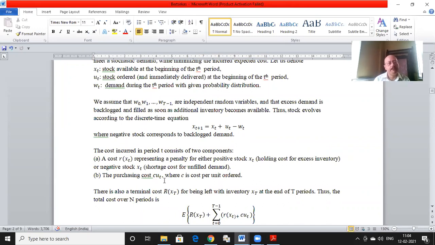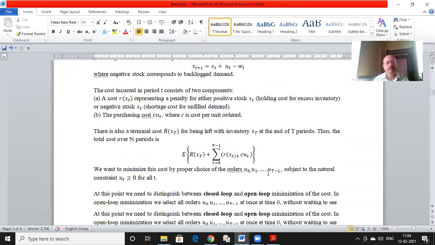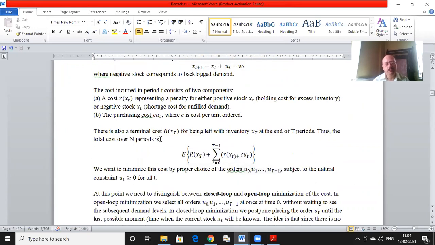And of course, I have a purchasing cost, per unit purchasing cost for the amount that I get in. Overall, this is the cost that I want to minimize. How is this calculated? For each time period, I have this inventory holding or late penalty cost, R of X_t.